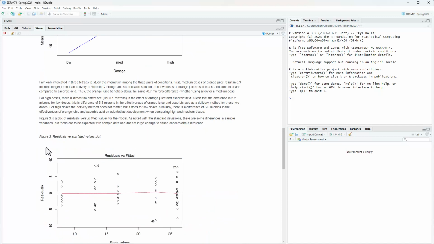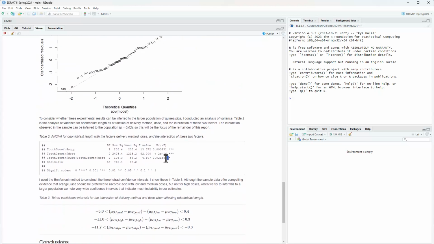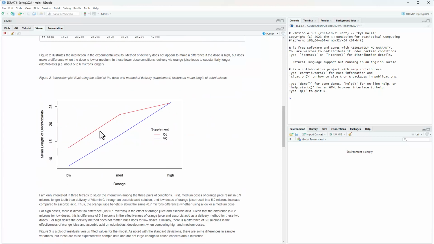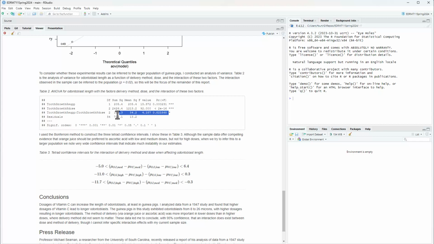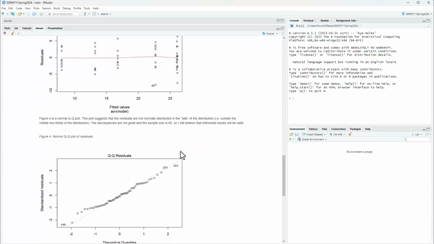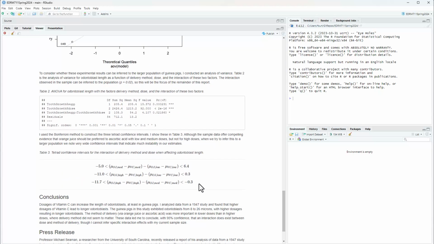One of the common analytic things that we do is focus on the interaction if we've put it in the model. In this particular case, it looks like there's interaction both descriptively, as I see up here, and inferentially, as I see down here. Because there is interaction, I'm not going to go to main effects, but rather I'm going to build my confidence intervals based upon tetrads. That's what's happening here.